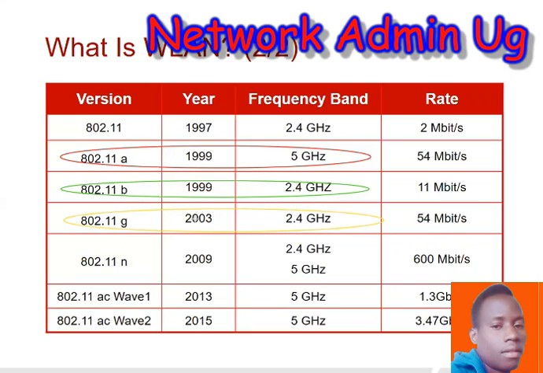Now, in the making, standard G was made to be backward compatible with 802.11b, and giving it much more speed, from 11 megabytes up to 54 megabytes per second.